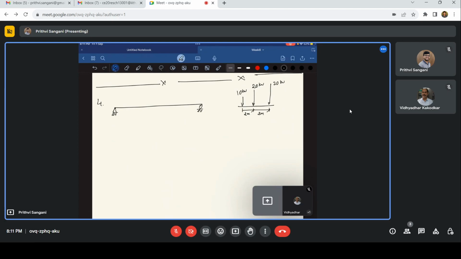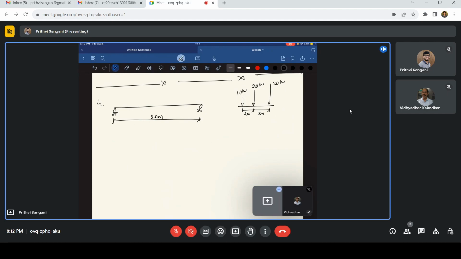Okay. And I think the span is 20 meters. So the span of the simply supported beam is 20 meters.